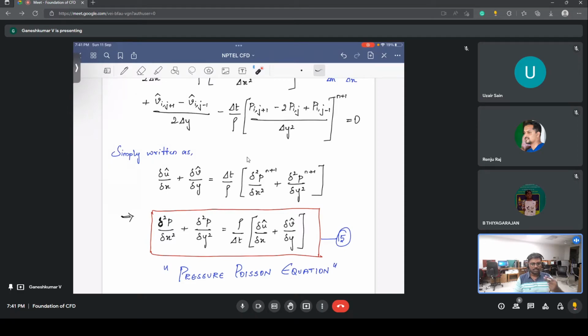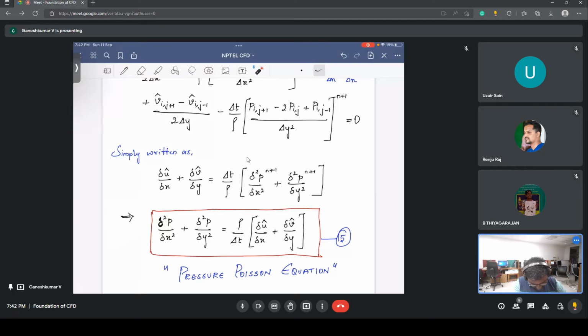So the pressure field is calculated based on continuity and the predicted velocity, right? Now if you use this pressure field to find the corrected velocity, your velocity is going to satisfy the continuity equation implicitly, right? Because your pressure field has satisfied the continuity equation. So if you use the pressure field and then correct the velocity, that velocity will satisfy the continuity equation. This is how you will ensure the conservation of mass, okay?